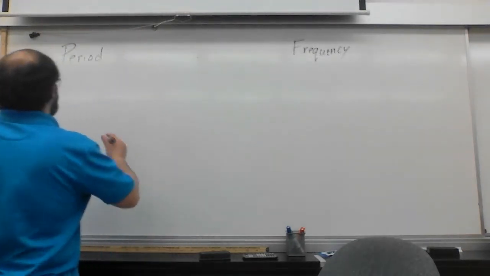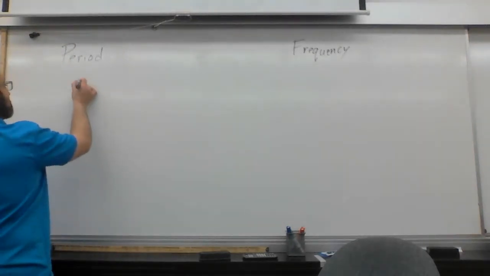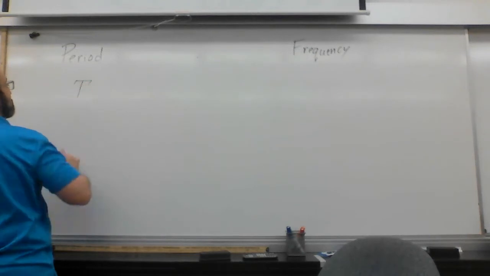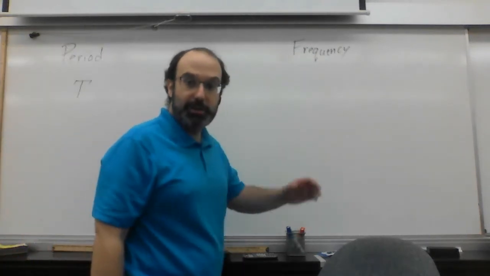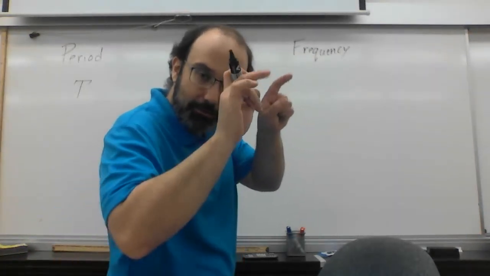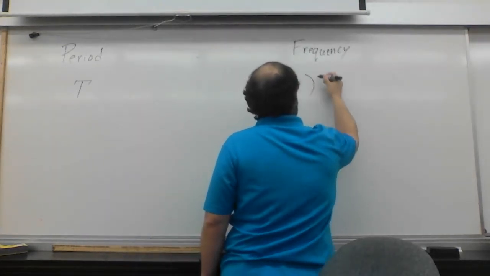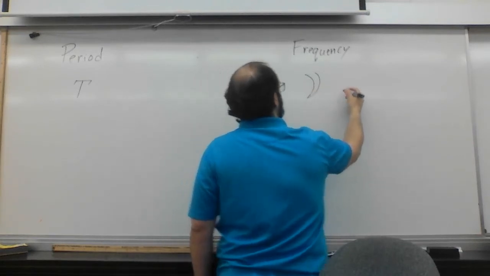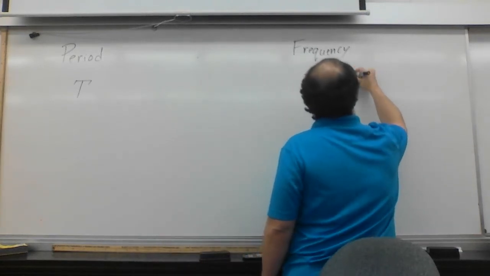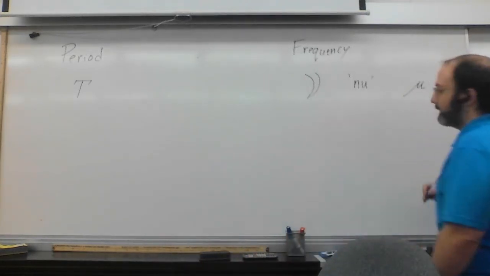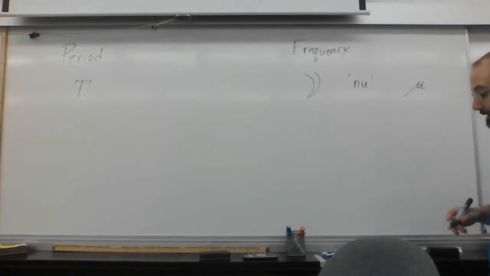So, period has many different symbols. Usually there's some variation of a T. I usually use this kind of T, sort of an angled T with some little hatches on the side. Frequency also has many symbols. I tend to use this one. This is the Greek letter nu. It's related to the other letter mu that we've already dealt with before. It's the next one in the alphabet.